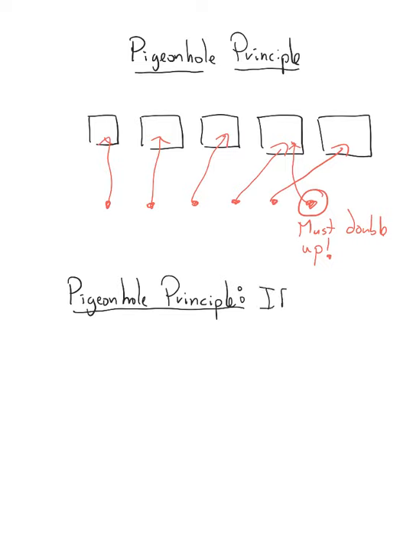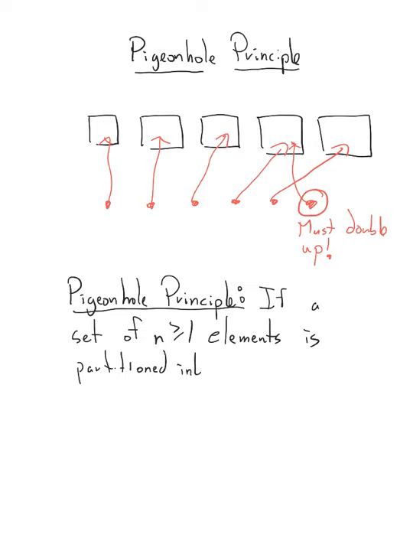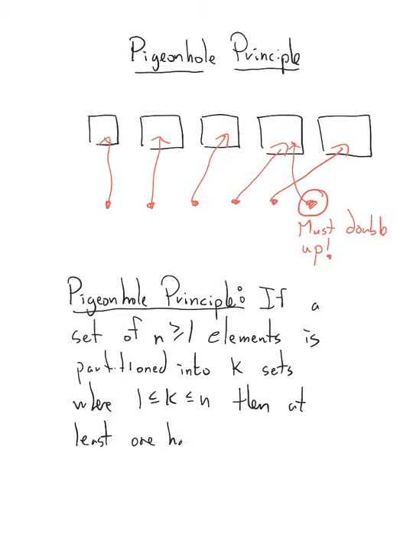And it says, if a set of n bigger than or equal to 1 elements is partitioned into k sets, where k is less than or equal to n, then at least 1 has, oh, that's not the notation I want to use.